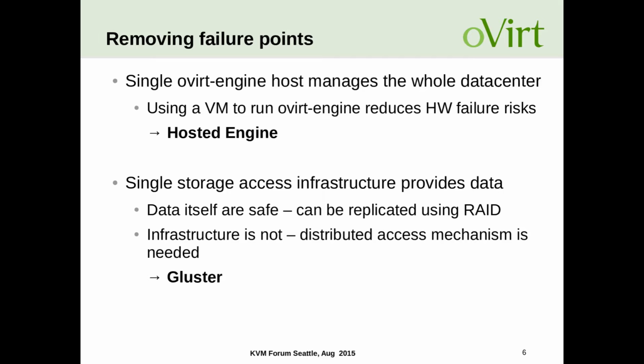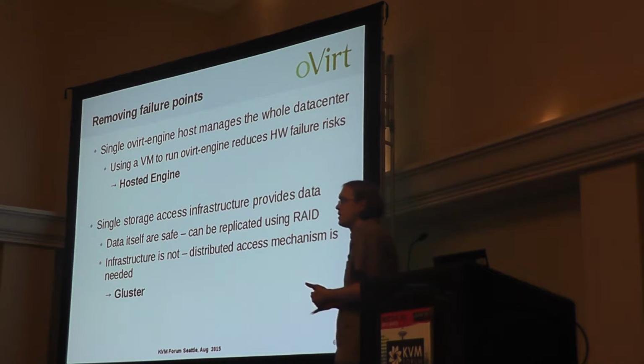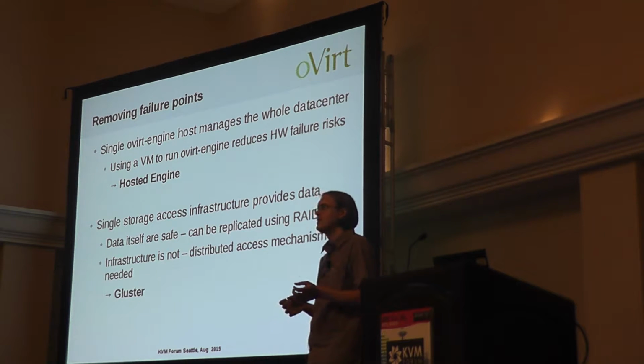Now, what we can do to remove those failure points. A single oVirt engine instance, that's the management, is needed, and we only have one. But what we can do, we can start the engine instance, the management, in a VM. It's a kind of a chicken and egg problem because you are starting a management service inside a VM in a cluster that it's supposed to be managing.